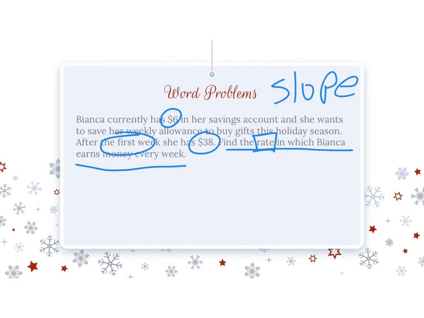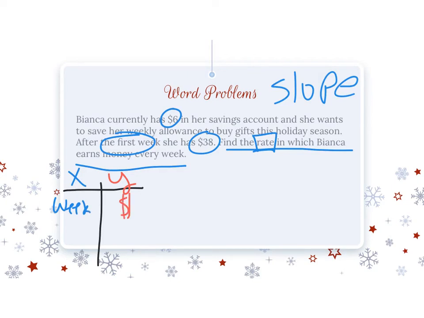So let's go ahead and take our data and make a table. So our x values and our y values. The 2 things that we are talking about here is money and weeks. So since money depends on weeks, weeks is our x value, and money is our y value.